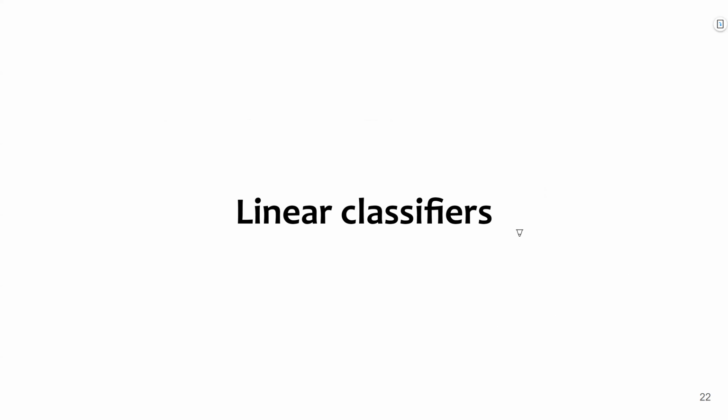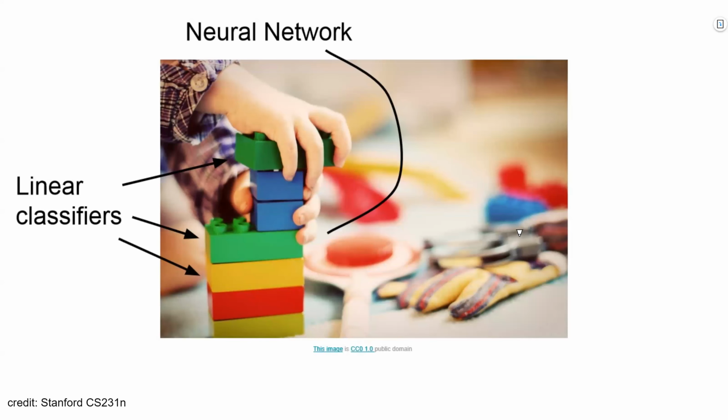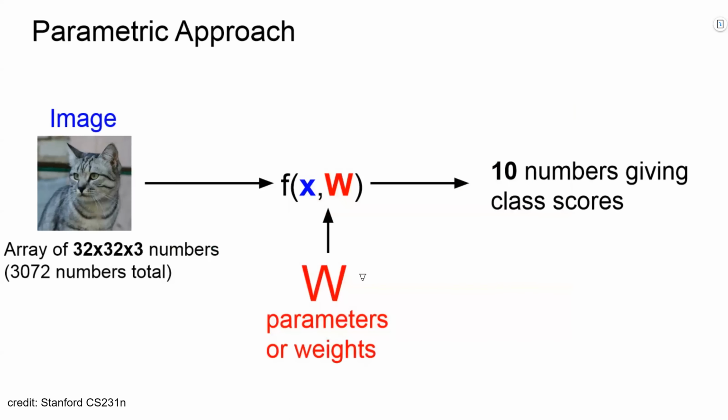From now on, we're going to talk about linear classifiers. Linear classifiers are like building blocks of neural networks. Later on, we're going to use these linear classifiers to build some of our neural networks. More specifically, linear classifiers look like this. It is parameterized.